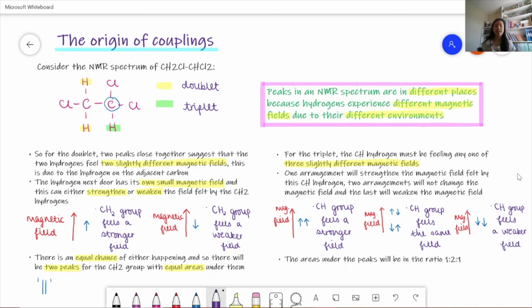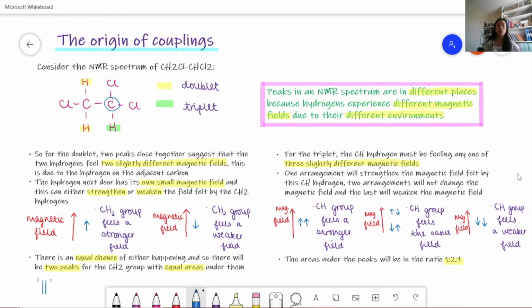And so we can see the areas under the peaks will be in the ratio of 1 to 2 to 1, because we have double the chance of the CH group feeling the same field compared to feeling a stronger field or a weaker field.